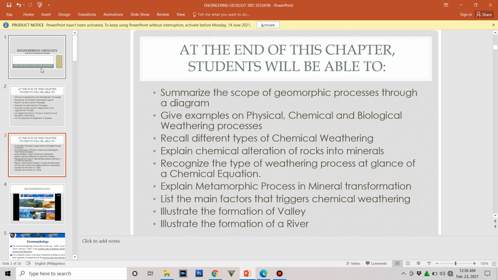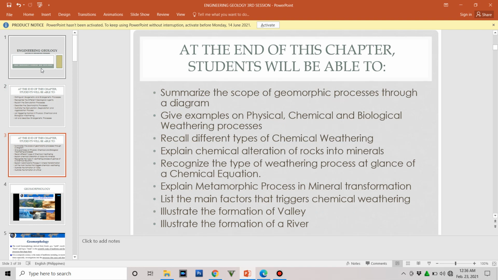As an objective, you will also be able to recall different types of chemical weathering and then explain chemical alteration of rocks into minerals.